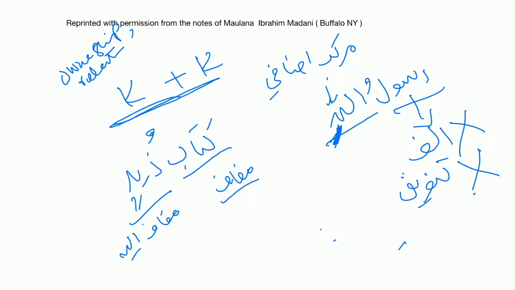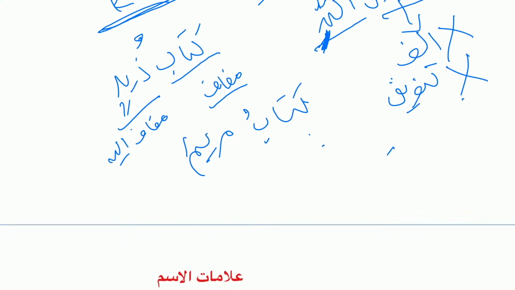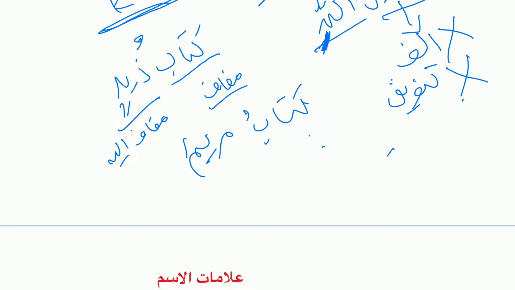So what is mudaf? One is mudaf and one is mudafun ilayh. Okay, what is the sign of mudaf? It never accepts alif lam or tanween. And what is the sign of mudafun ilayh? It is always in jar, except when it is what? When it is ghair munsarif. Okay, but in that case also, for example, look, Kitabu Maryama. Right? So this is how we do the tarkib. Kitabu marfu lafzan mudaf.